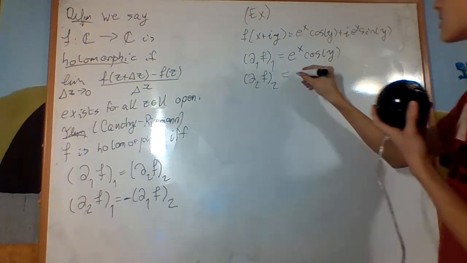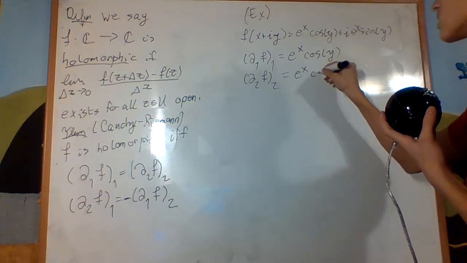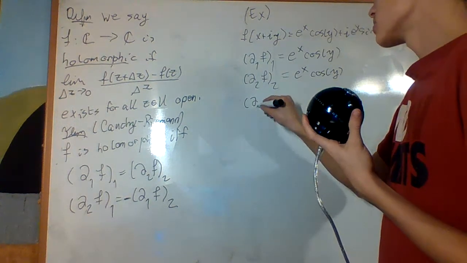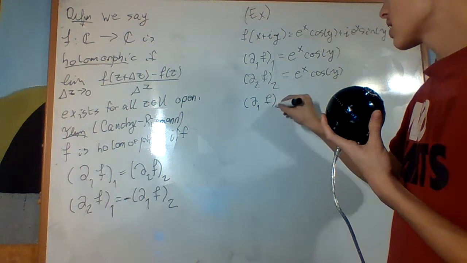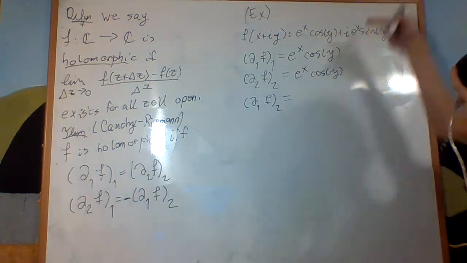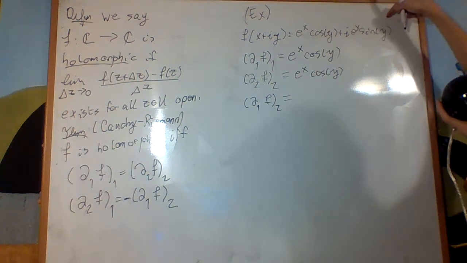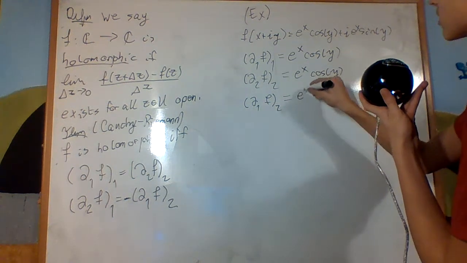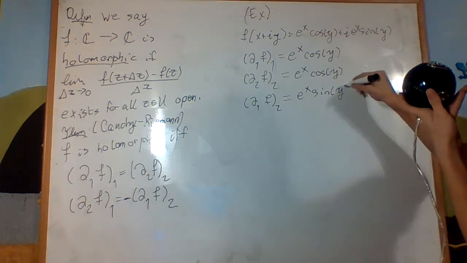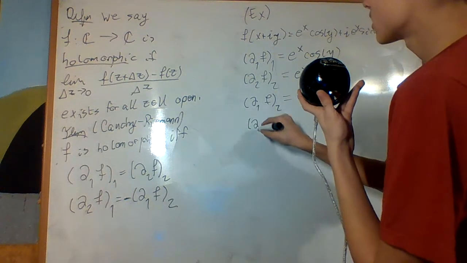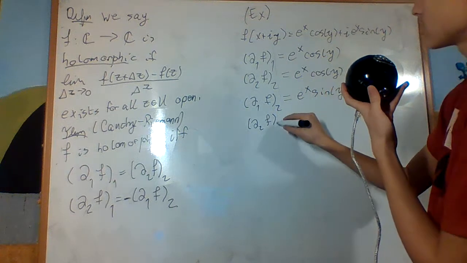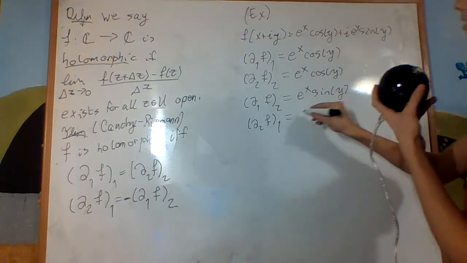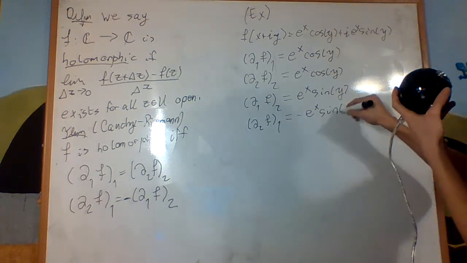Okay, so that becomes e to the x, derivative of sine of y is cosine of y. Okay, so if we look at the in respect to the first and then the second of that, so that becomes e to the x sine of y, right? And then in respect to the second, and then the first, that becomes negative e to the x sine of y.